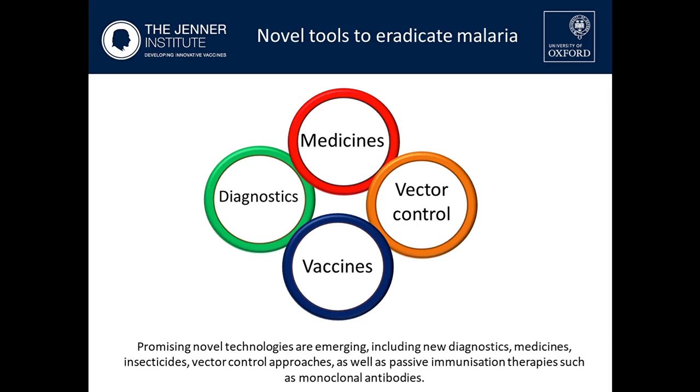These promising novel technologies that are emerging include new diagnostics and medicines, especially those trying to tackle the resistance of the parasite, as well as vector control, new insecticides and chemicals for the nets or for spraying walls in houses, as well as passive immunization therapies such as monoclonal antibodies.